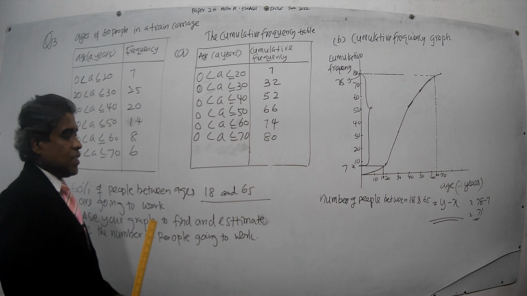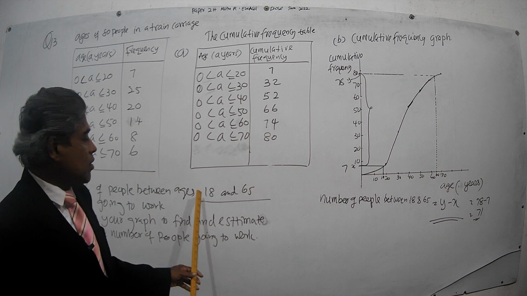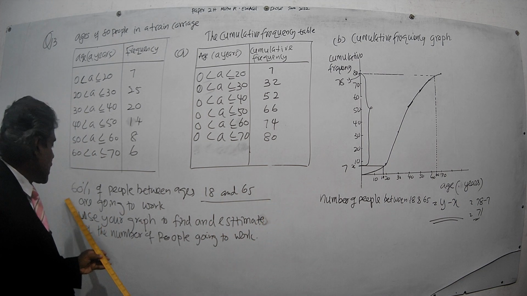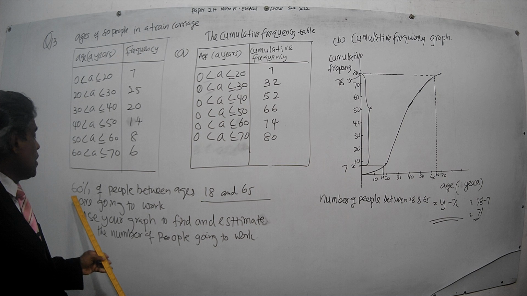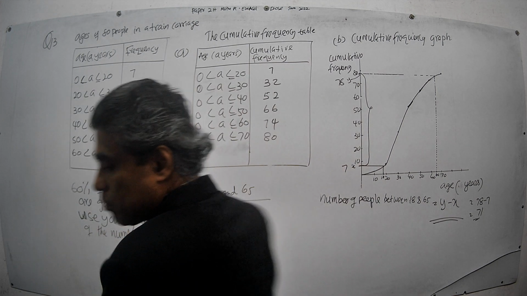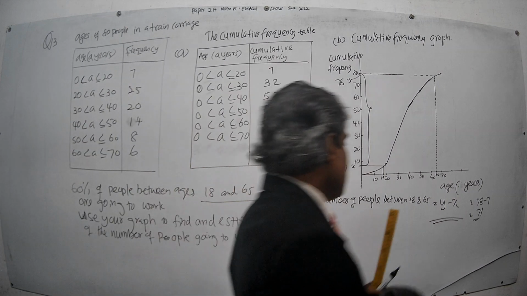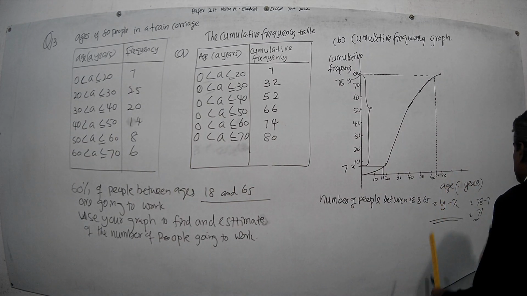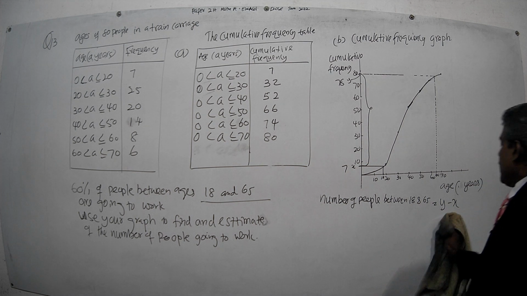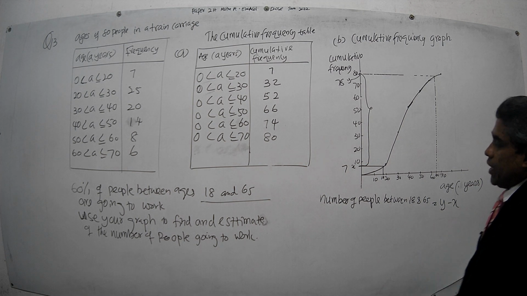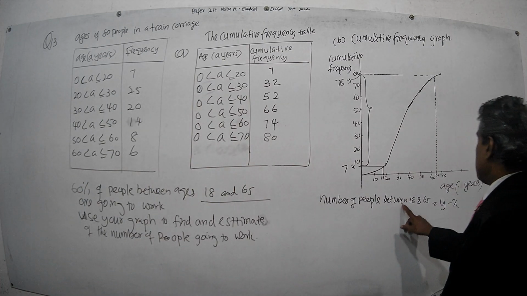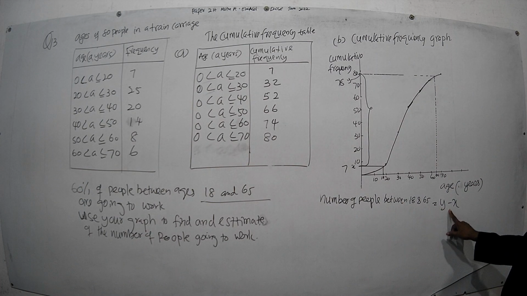But it is not the total number of people in the age group 18 and 65 who go to work in a career, but only 60% of this. The number of people in the age group 18 and 65 is y minus x.